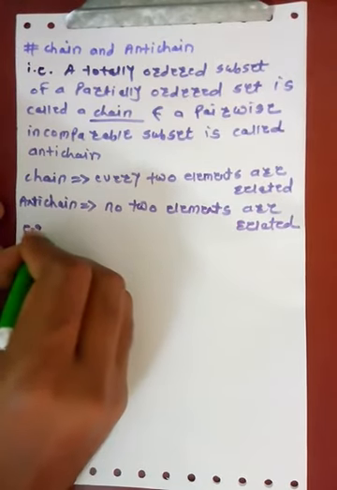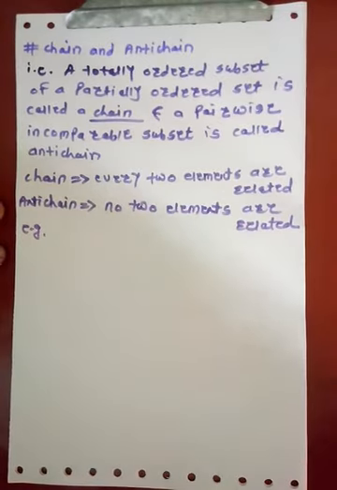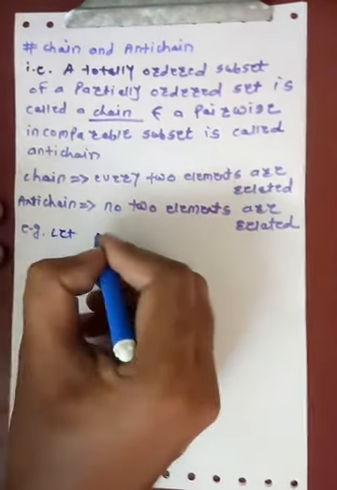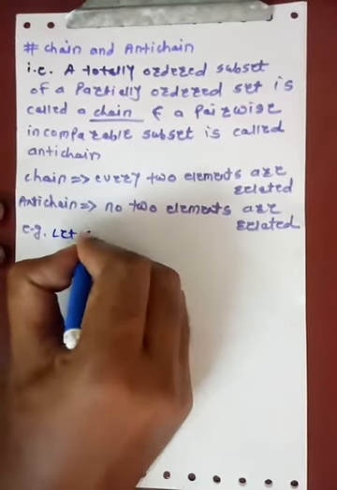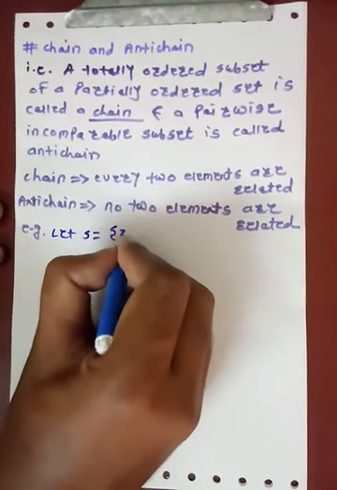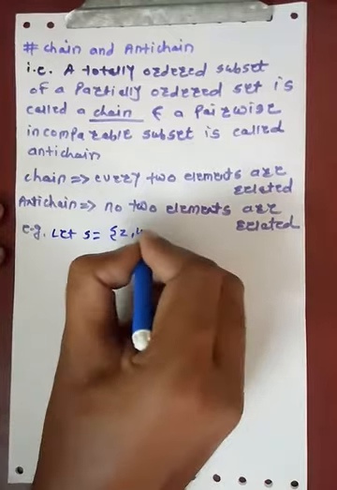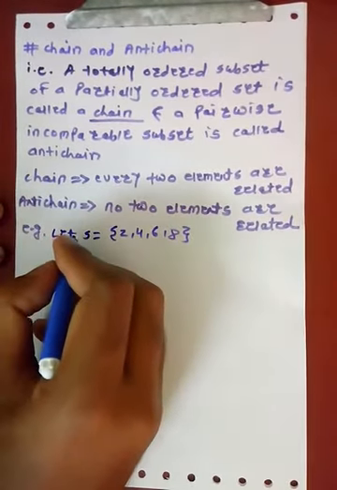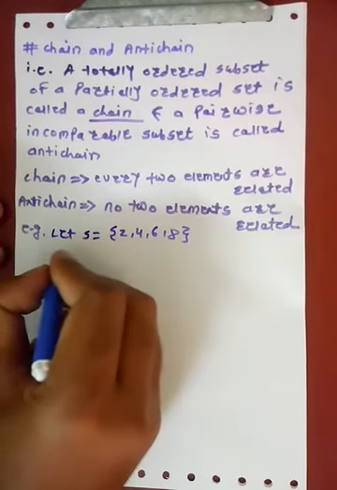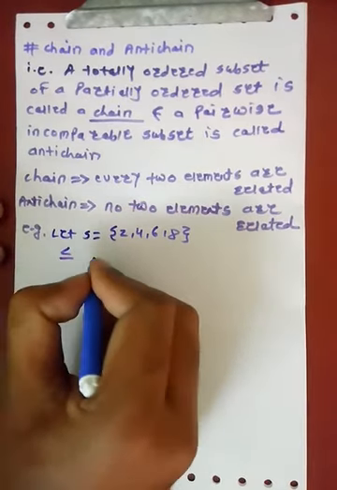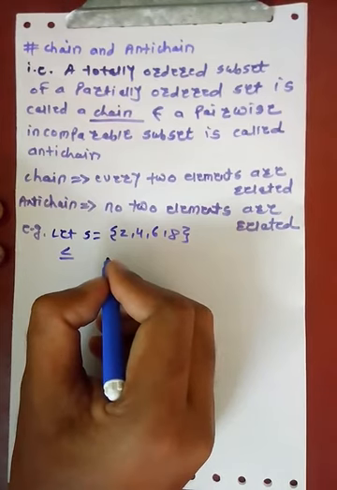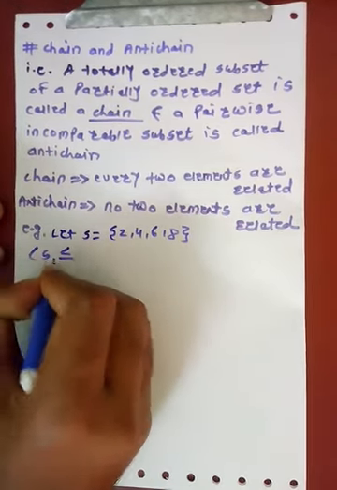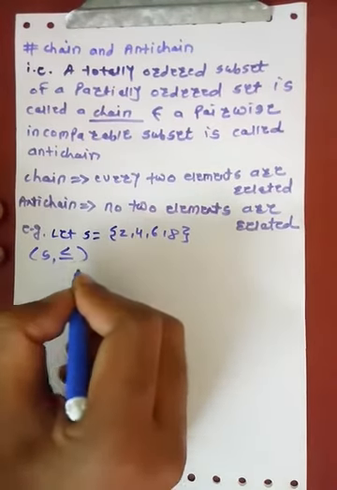Consider an example. Let S is equal to 2, 4, 6, 8, and less than or equal to is a partial order relation, that is S comma less than or equal to.